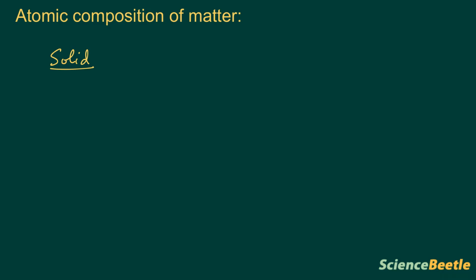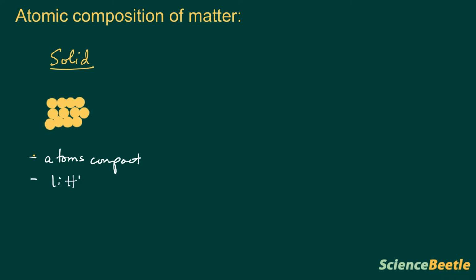Okay? So whenever we're talking about the solid, you're going to be looking at the atoms in a very specific way. The arrangement of a solid is going to be kind of like this. Notice the atoms are really close to one another. And if I were to put them all together, let me just get a whole bunch of them here. You're going to see that the atoms in this arrangement are going to be extremely compact.